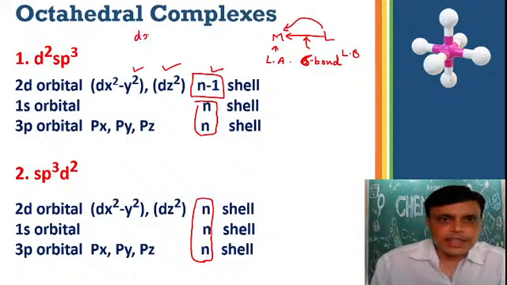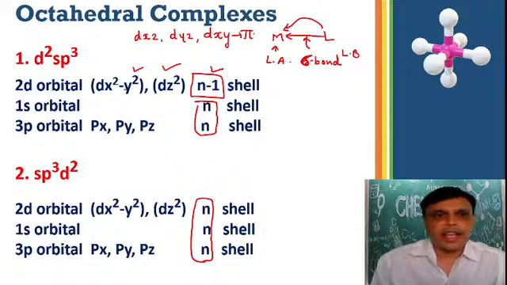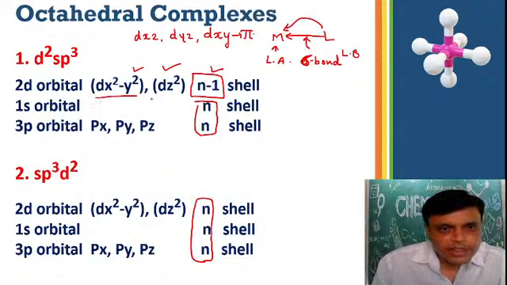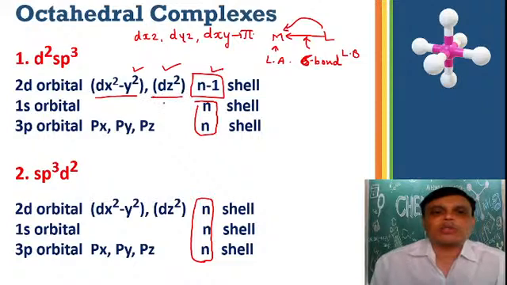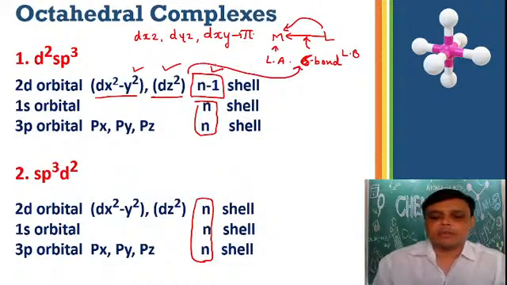So these dxz, dyz and dxy will form a pi bond and not a sigma bond, and only these two orbitals have their lobes along the axis, so only these two orbitals can form a sigma bond. This is the simple reason behind this.